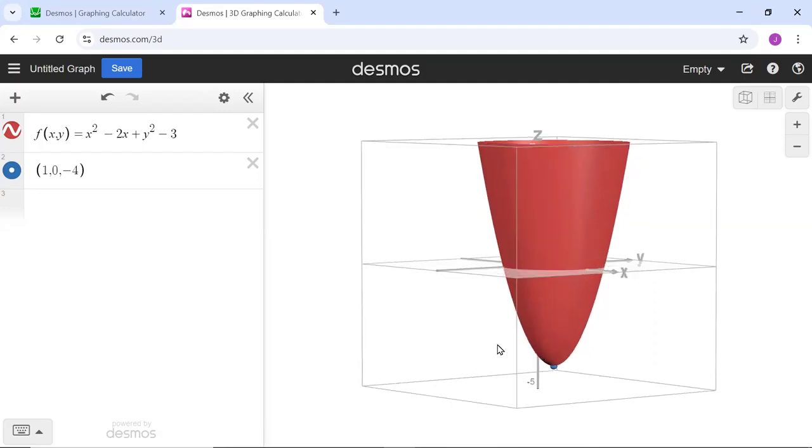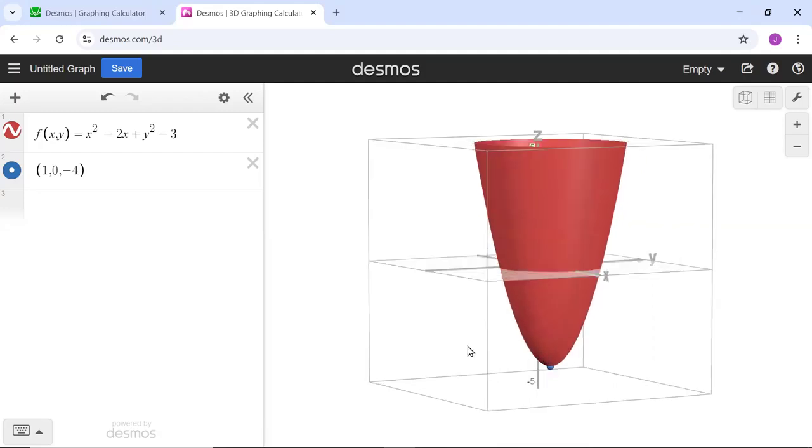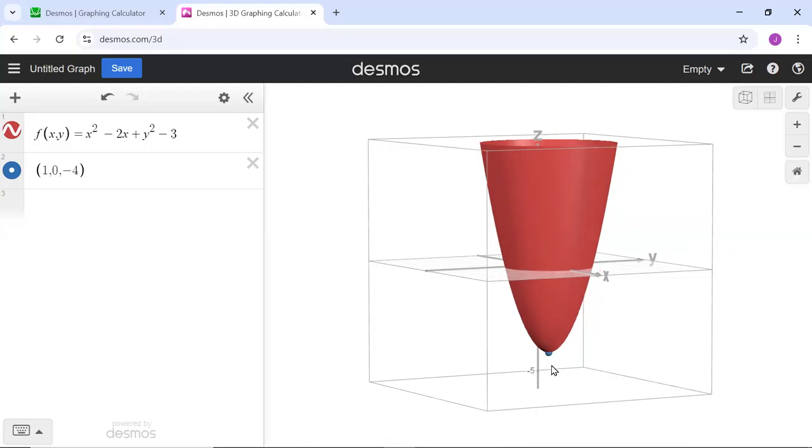And just visually, we can see that this point is a minimum. So this point, visually speaking, is a relative minimum. And in fact, it's an absolute minimum because this pattern goes on forever up. So in this particular case, this relative minimum is also an absolute minimum.